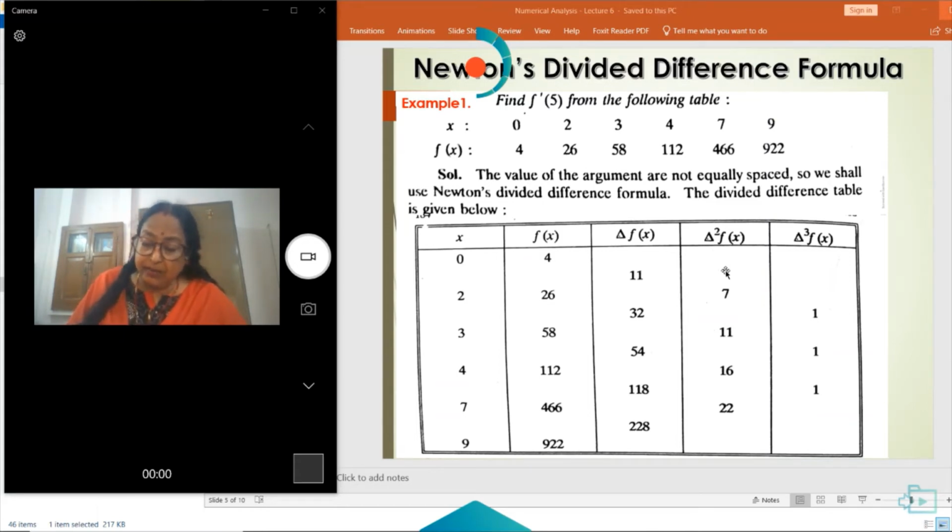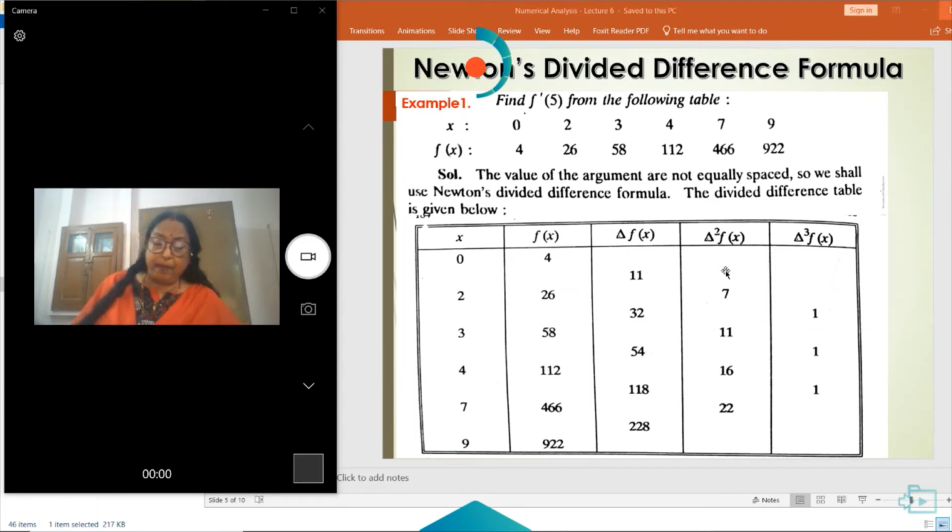In the second table, you find 32 minus 11 divided by 3 minus 0, then 54 minus 32 divided by 4 minus 2, then 118 minus 54 divided by 7 minus 3, and so on.